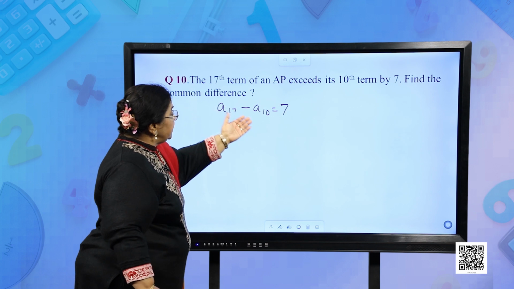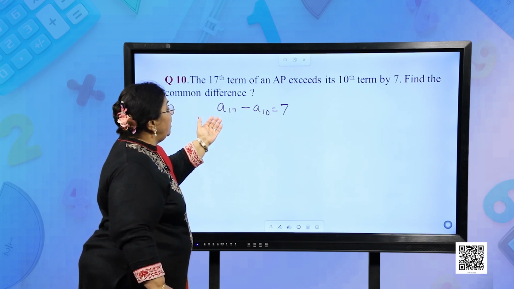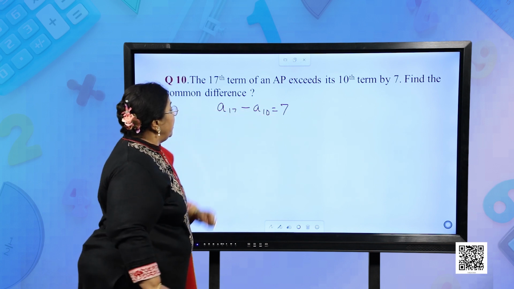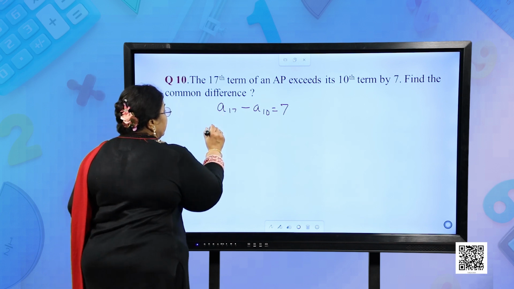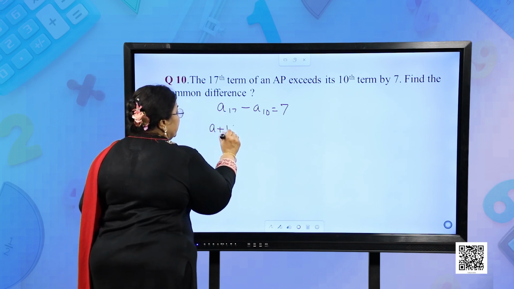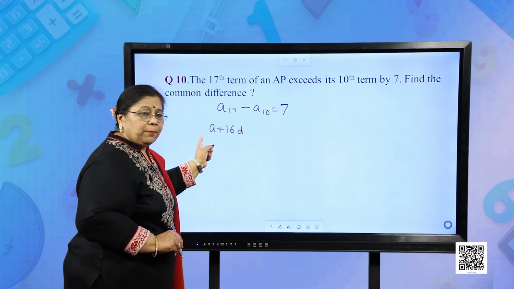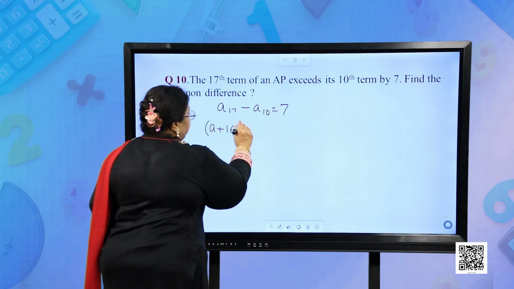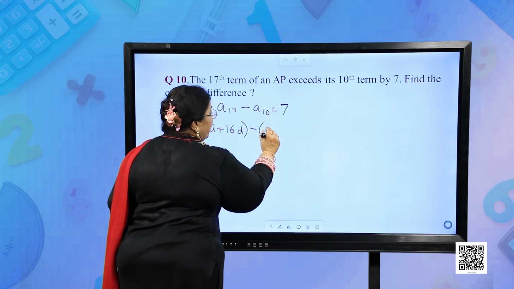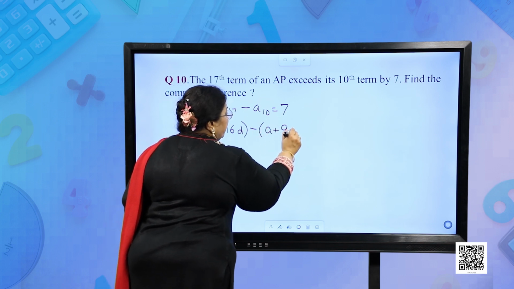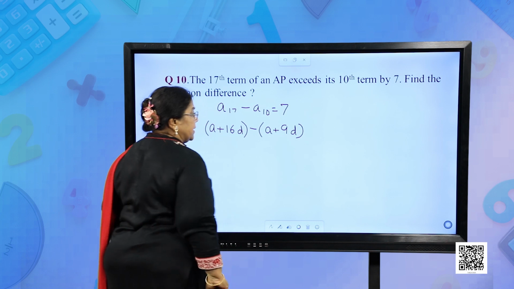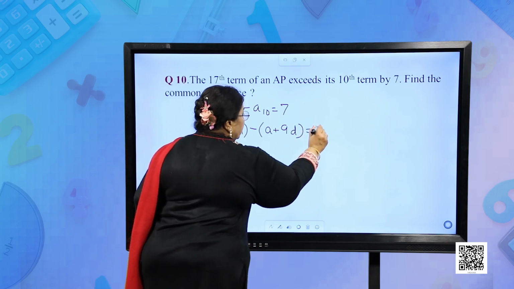The 17th term exceeds the 10th term, that means it is bigger than the 10th term by 7. How can I write A17? A plus 16D. A plus 17 minus 1 into D is A plus 16D, minus, what is the 10th term? A plus 10 minus 1 into D is 9D, is equal to 7.